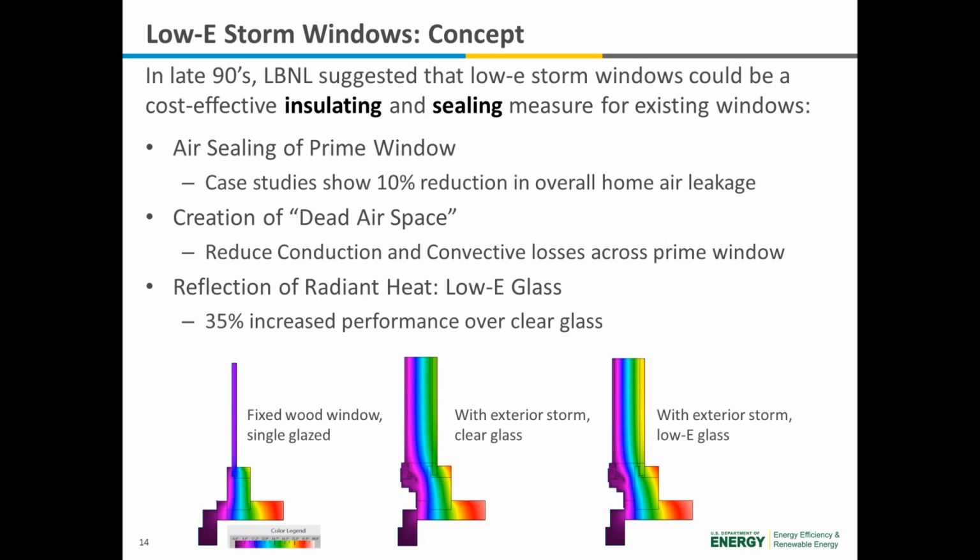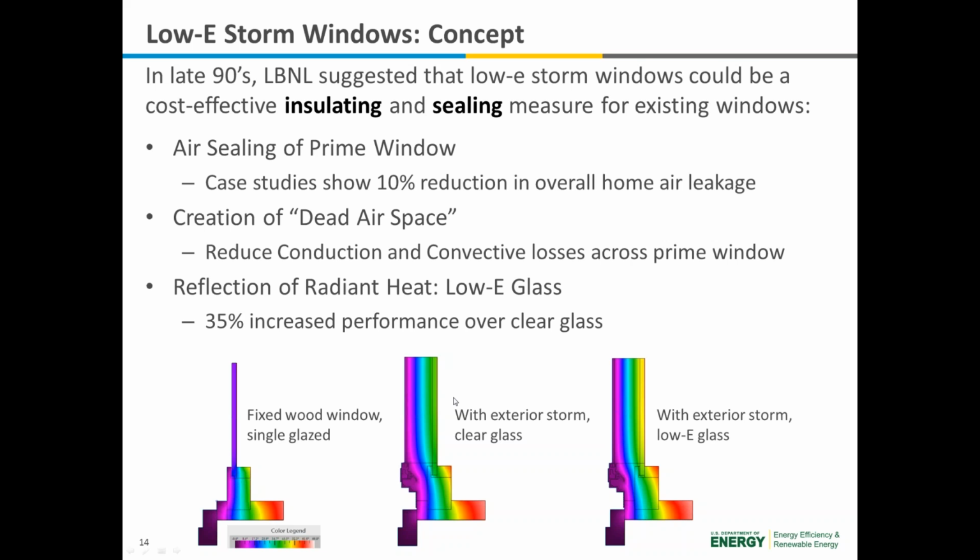So these images here are from heat transfer modeling using the Therm software from LBNL, showing the temperature profiles. On the left, we have the single glaze fixed wood window showing the very cold glass temperature, which not only is an indication of the heat loss, but it also can form condensation or even ice on that single pane.